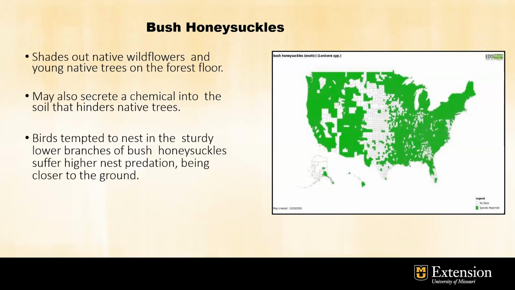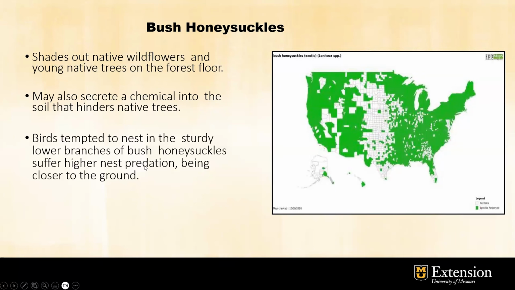Basically, the bush honeysuckle shades out our native wildflowers and our young native trees on our forest floors. They also secrete a chemical into the soil that can hinder growth of our native trees. Birds are tempted to nest in the bush honeysuckle, but they suffer higher nesting issues because they're too close to the ground.